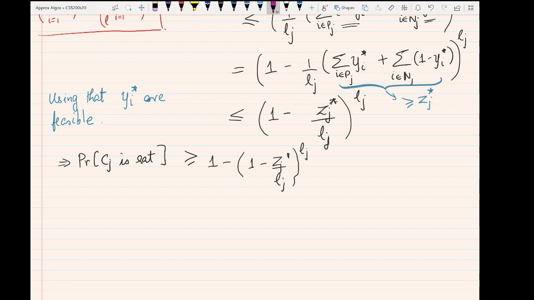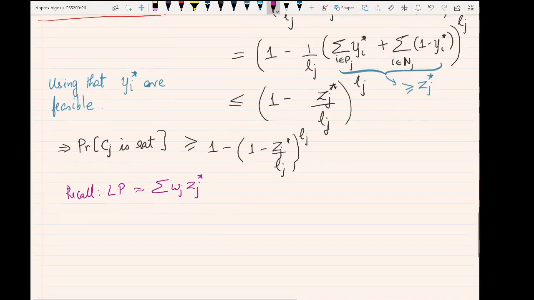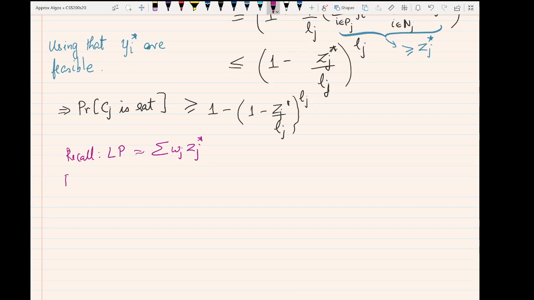Now this is still not as good for us because recall that our LP objective value looks like a linear form in the zjs, and here the zj stars are all trapped within this bracket over here. So here we'll use the nifty fact that the function is concave.